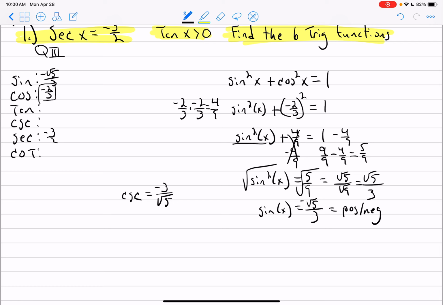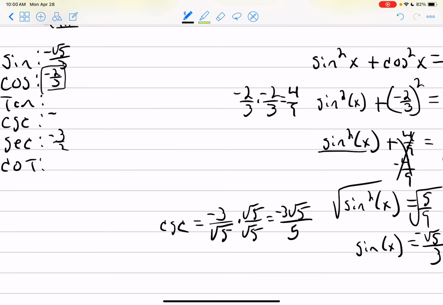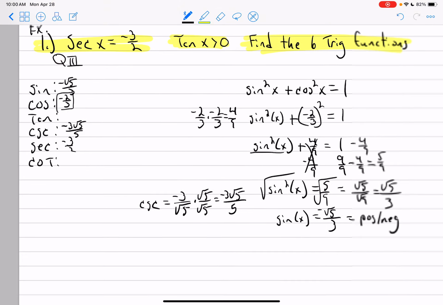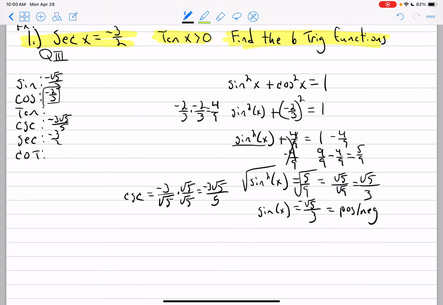Now you just got to simplify it. How do I get rid of root 5 in the denominator? Times root 5 over root 5, and I end up with negative 3 root 5 over 5. That is the cosecant. So let's write this down. Negative 3 root 5 over 5.